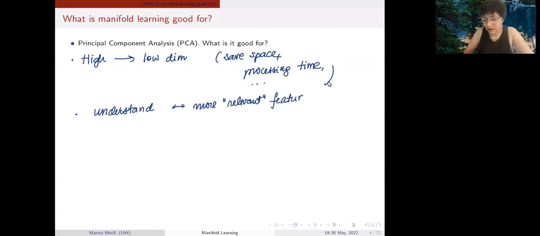Therefore, when this data is fed to other machine learning algorithms or data analysis algorithms, they will have a better view of the data, a more relevant view of the features, better features in the data. While I was talking, you may have thought of other reasons why people do principal components, which is actually linear dimension reduction. All these reasons also apply to manifold learning, which is nonlinear dimension reduction.